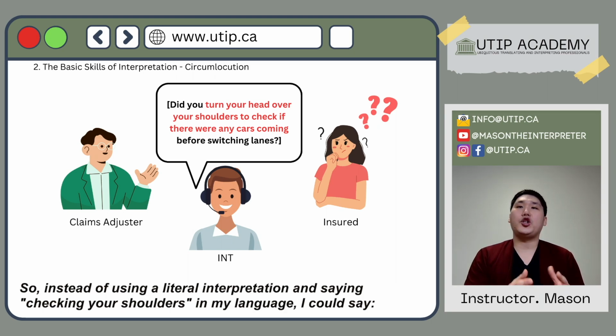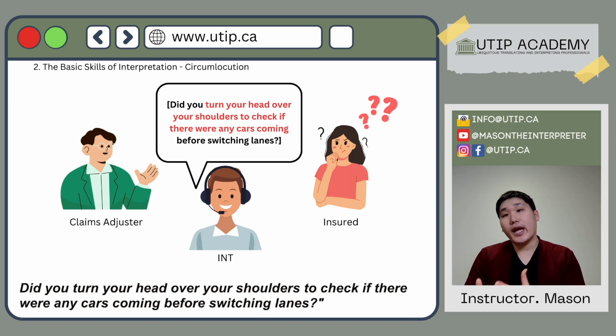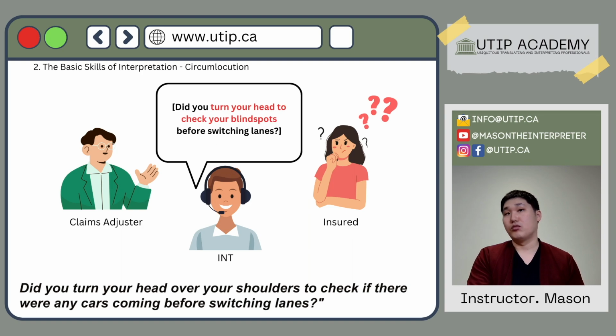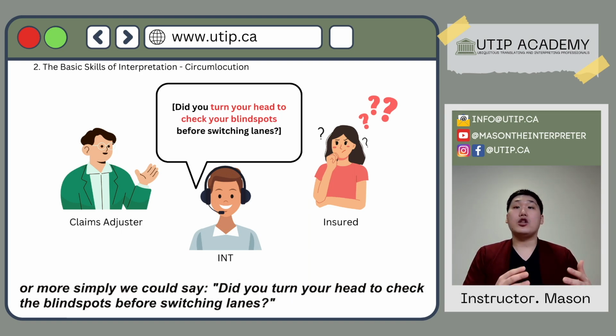So instead of using a literal interpretation and saying checking your shoulders, in my language, I could say, did you turn your head over your shoulders to check if there were any cars coming before switching lanes? Or more simply, we could say, did you turn your head to check the blind spots before switching lanes?